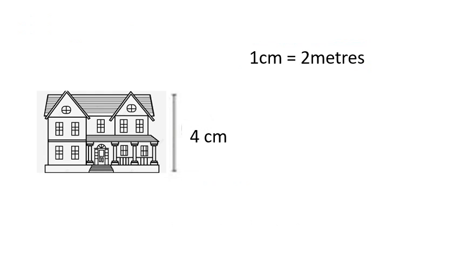Of this house here, we're told that in the scale drawing, 1 centimetre equals 2 metres. So if this drawing of this 2-storey house is 4 centimetres tall, we know that 1 centimetre equals 2 metres. So 4 centimetres, that means I've multiplied this number by 4.